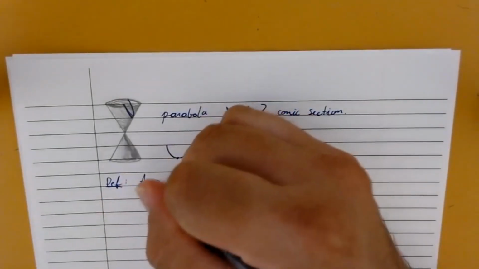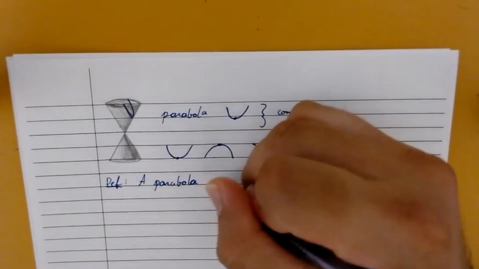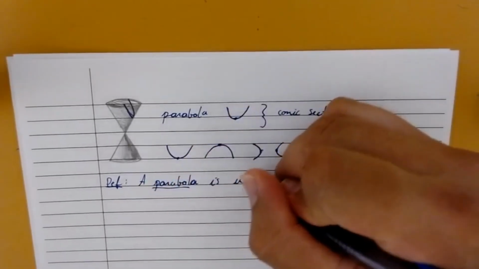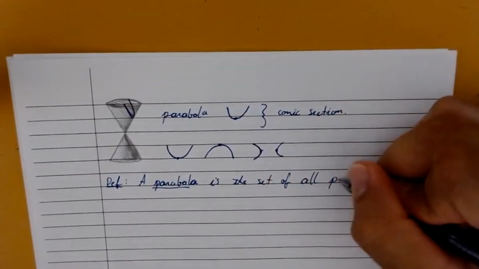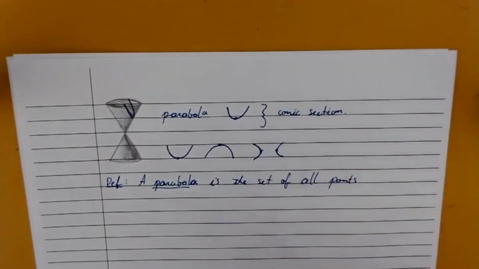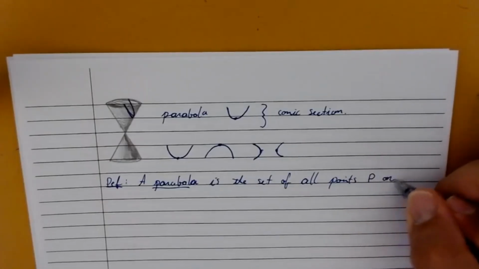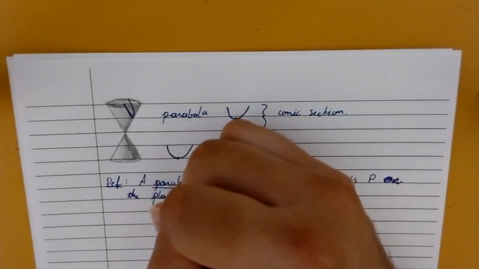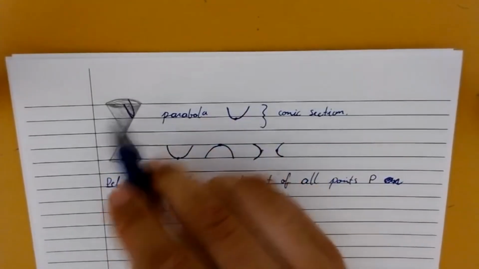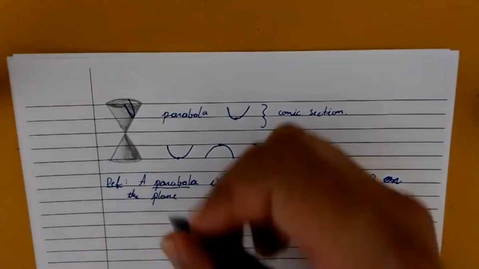So a parabola is the set of all points, which we'll call P. Those points are each designated as P, on the plane. Again, this may be a three-dimensional cone, but the parabola is flat. It's on the XY plane.